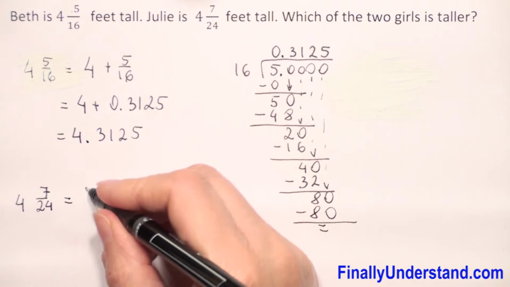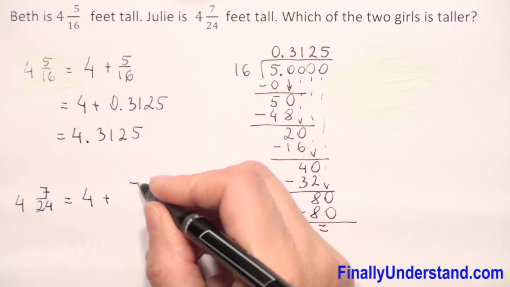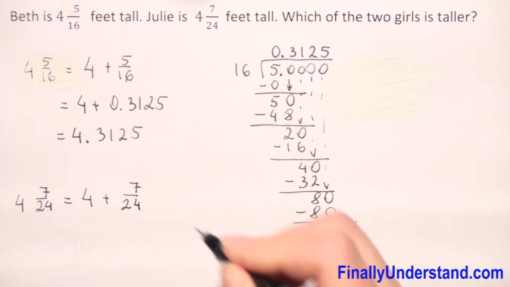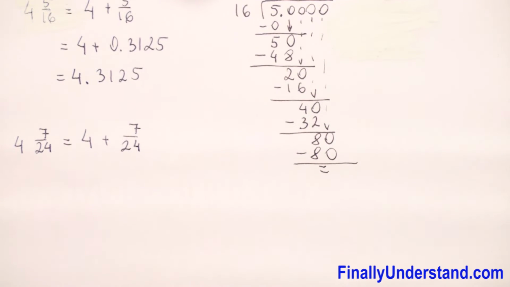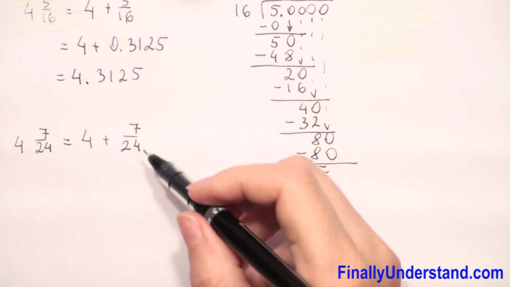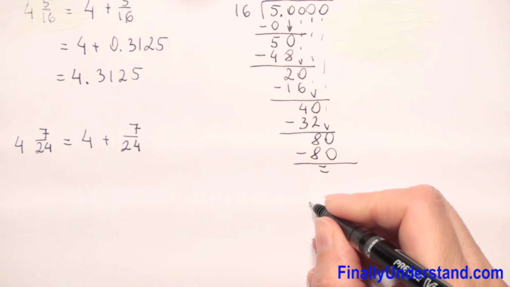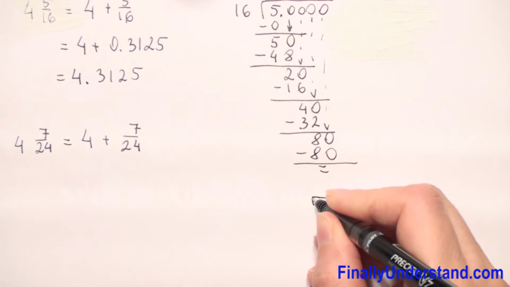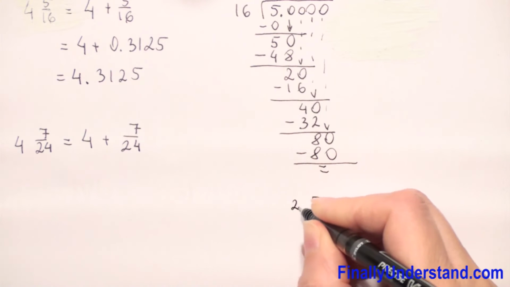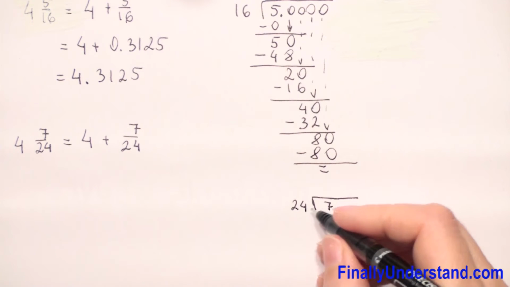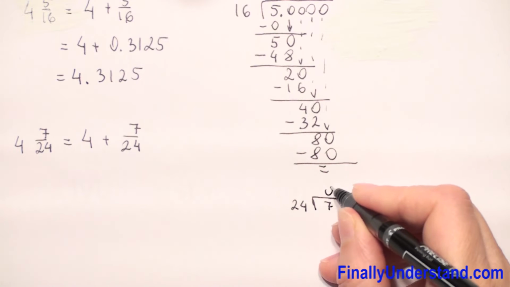We can rewrite that as 4 plus 7/24. And now we will do long division. We divide 7 by 24. How many times can you put 24 into 7? Of course, 0.